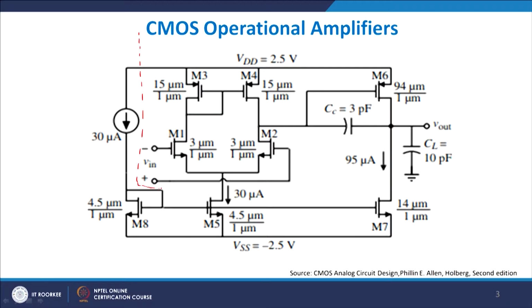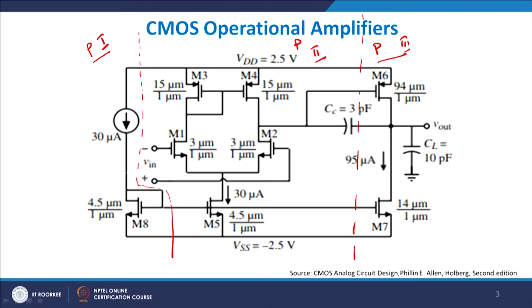So, this is part number 1, and then we have part number 2 here, this is part number 3, and this is part number 2. So, you have P1 here, and then you have P2 and P3 here.